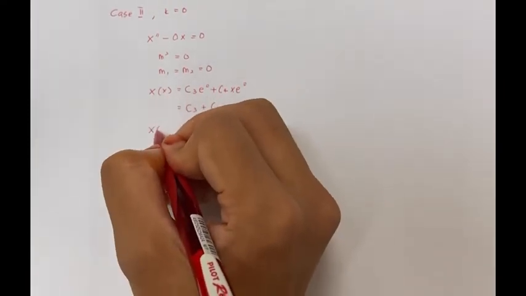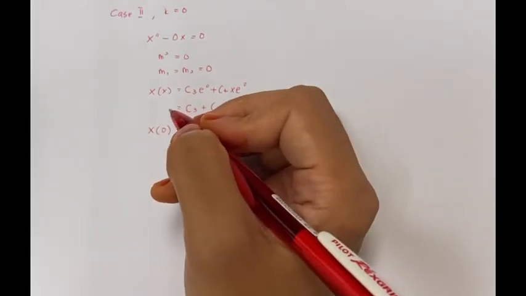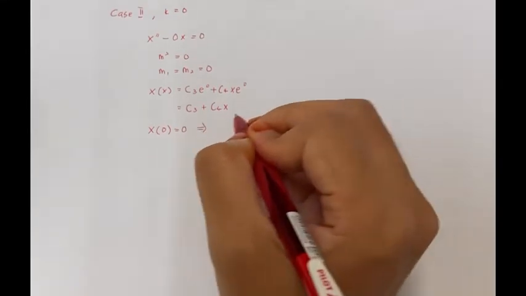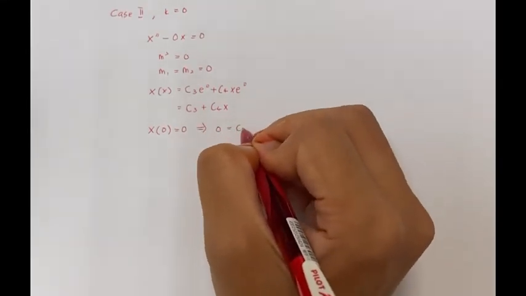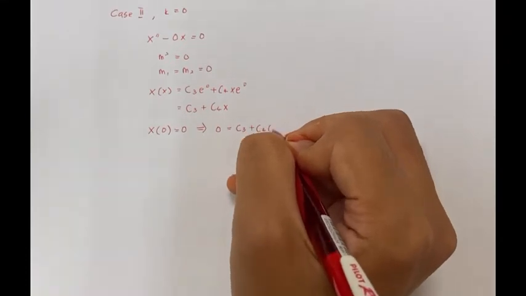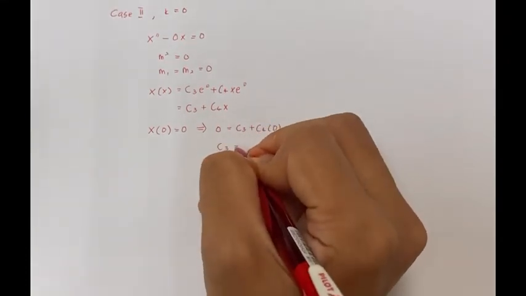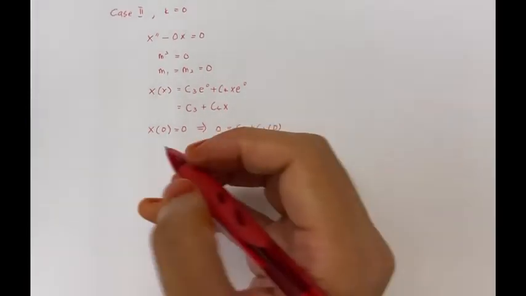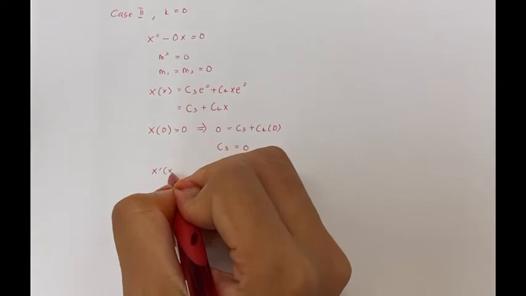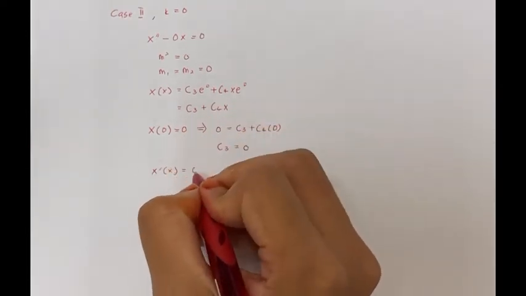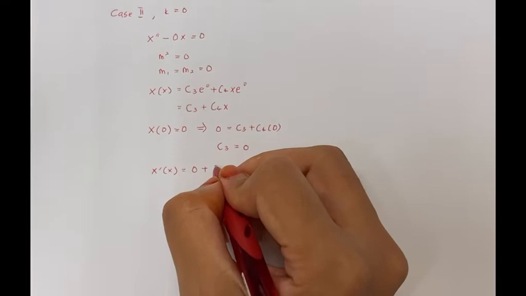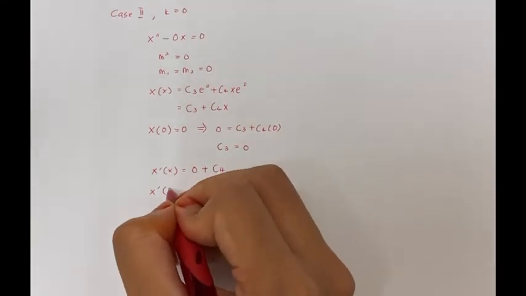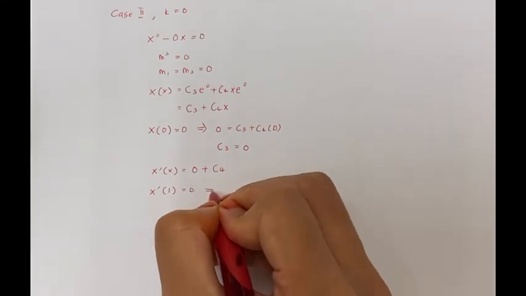Substitute the boundary condition. The boundary condition, x(0) is equal to 0 again. So 0 equals c3 plus c4 multiplied by 0, so basically c3 is equal to 0. Then find x prime. For x prime, you have 0 plus c4. So x prime(1) equals 0 from the boundary condition.